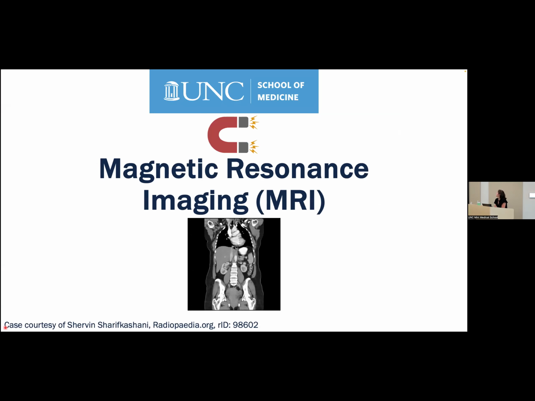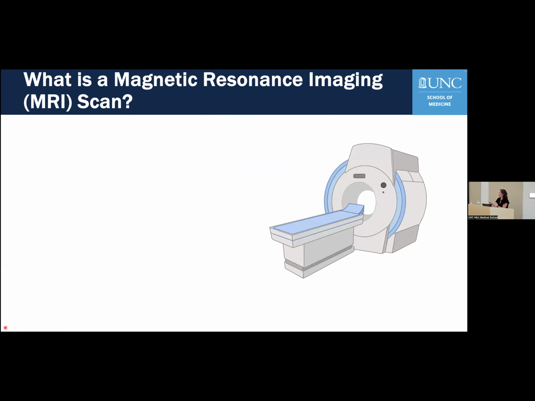Okay. Now we're going to move on to magnetic resonance imaging, or MRI. So here I have a picture of an MRI machine. It looks pretty similar to a CT machine. You can see it's got this spiral, this circular shape. And then this bed moves in so you can take the pictures.